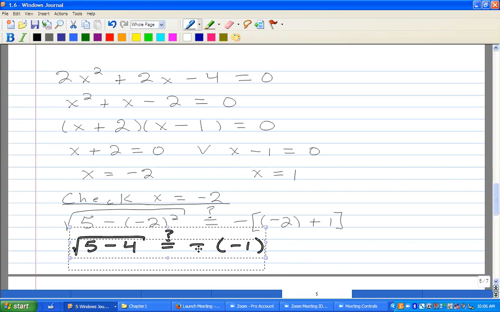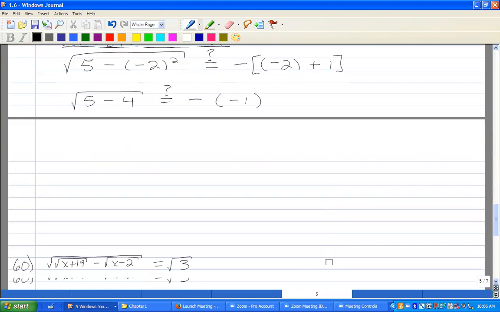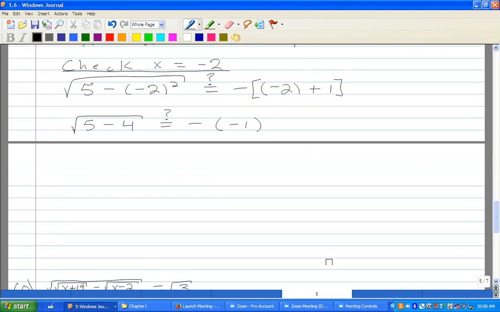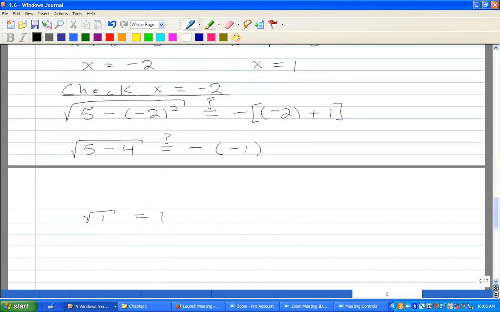Okay, so are these equal? Well, is the square root of 1 equal to 1? Yes. So that says that x equal to negative 2 is a solution.